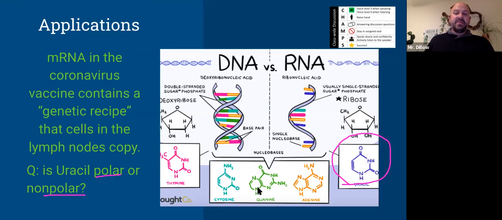So yes, this would be a polar molecule. And the same would be true for any of these molecules down below: thymine, guanine, adenosine. All of the nucleobases, all of the different genetic codes are polar.